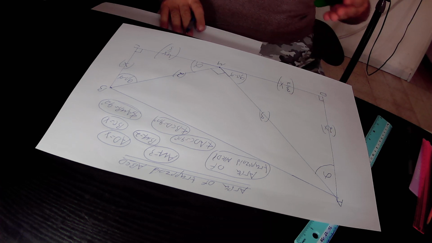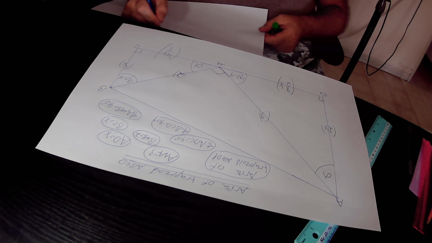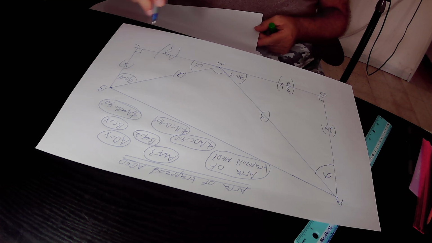So, in total, the area of this trapezoid ABCD is equal to the sum of its two parallel bases. AD is parallel to BC.